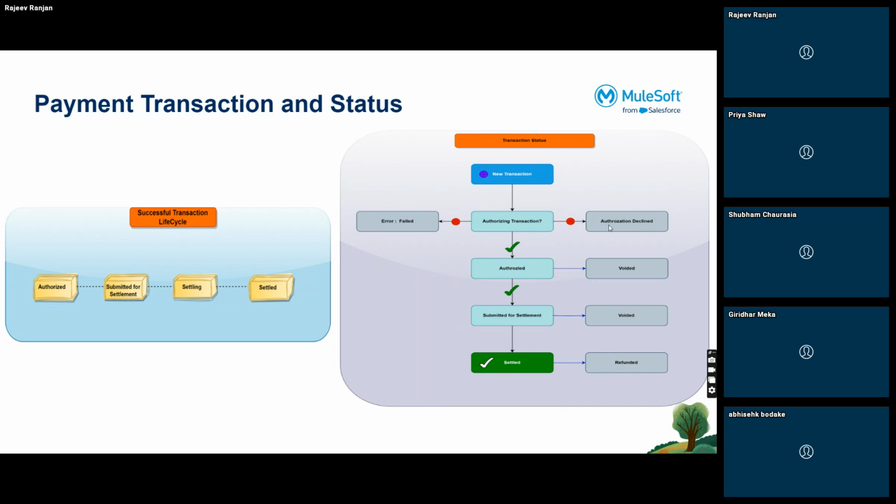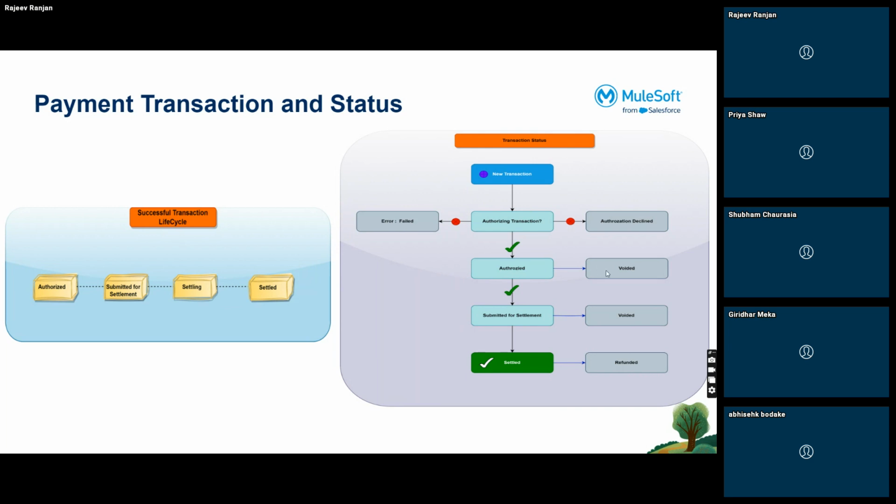This could also be possible. If we haven't encountered either of these, we got the success, which means our amount is authorized and we are good to proceed further. Once it is authorized, we can void this. Void means cancel. That is called the cancellation of the authorized amount.